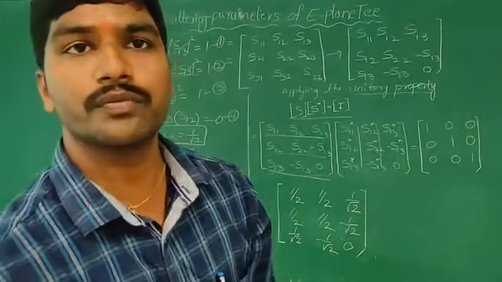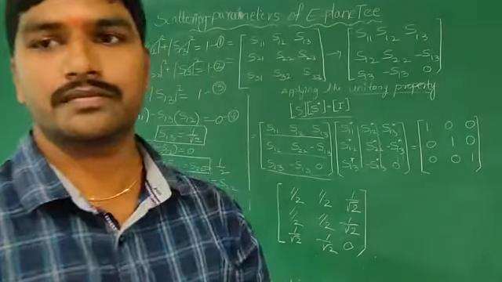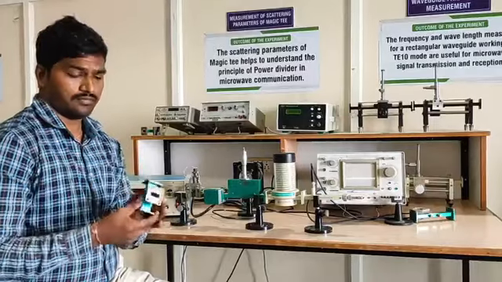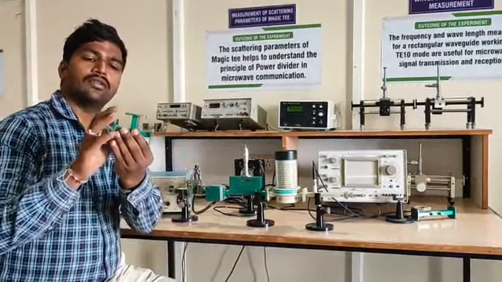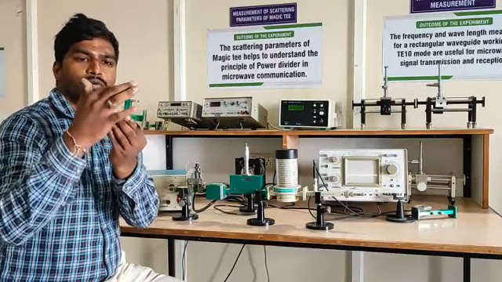Now we are going to do the lab session, the same experiment in practicals. In the practical session, this is called the E-plane T. This is the 3-port network, port 1, port 2, port 3.